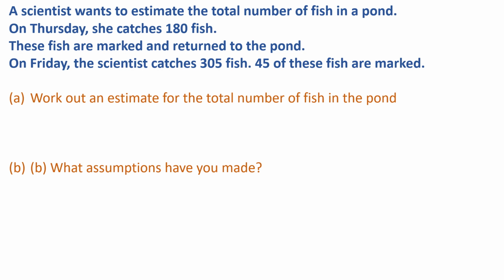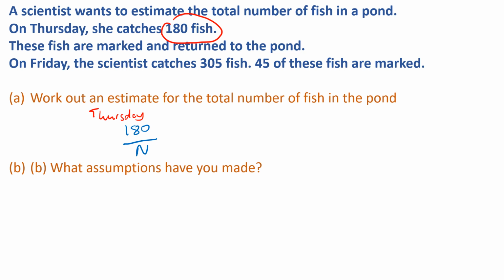Okay, so let's think about this. On Thursday, she has caught 180 fish, and that is 180 out of the total number of fish. You don't need this label, but I'm just going to write it in. We don't know how many total fish there are, but we know that she's caught 180 out of the total.